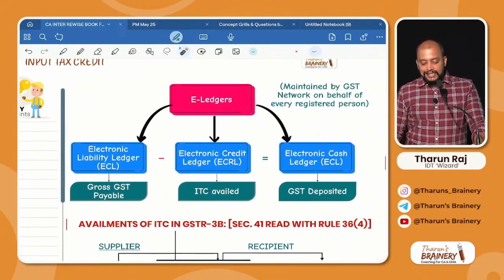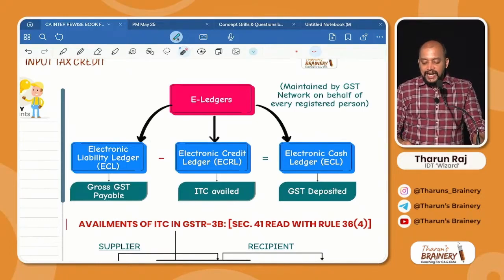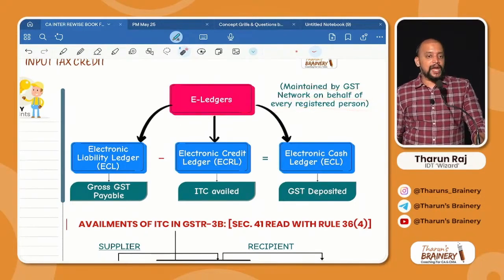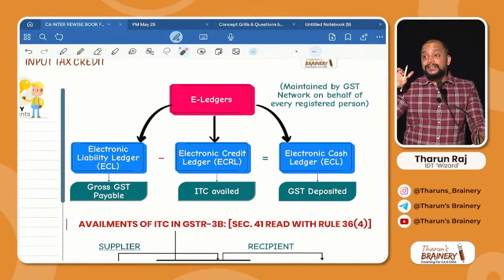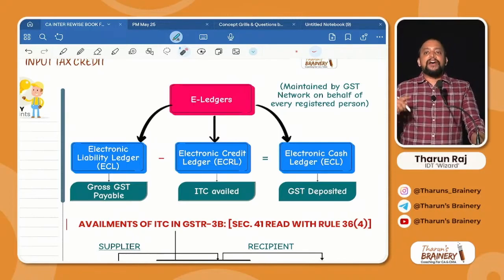Then you can see on the next page there are three electronic ledgers which are maintained by the GST network on behalf of every registered person. As these ledgers are not maintained by the registered person, it will have a contra effect.